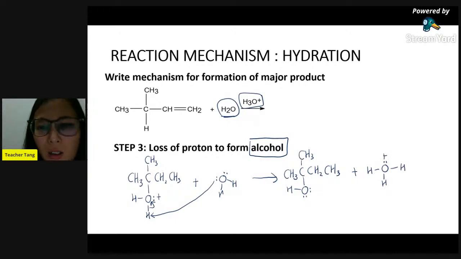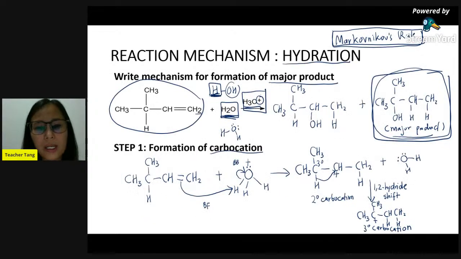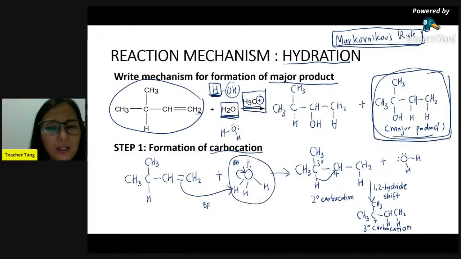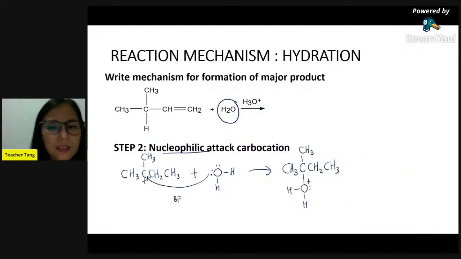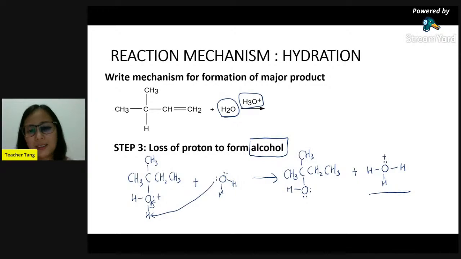So I told you already just now, the H3O plus is the catalyst in this reaction. So in step number 1, kita gunakan dia. In step number 3, at the end of the reaction, kita hasilkan dia balik. Okay?